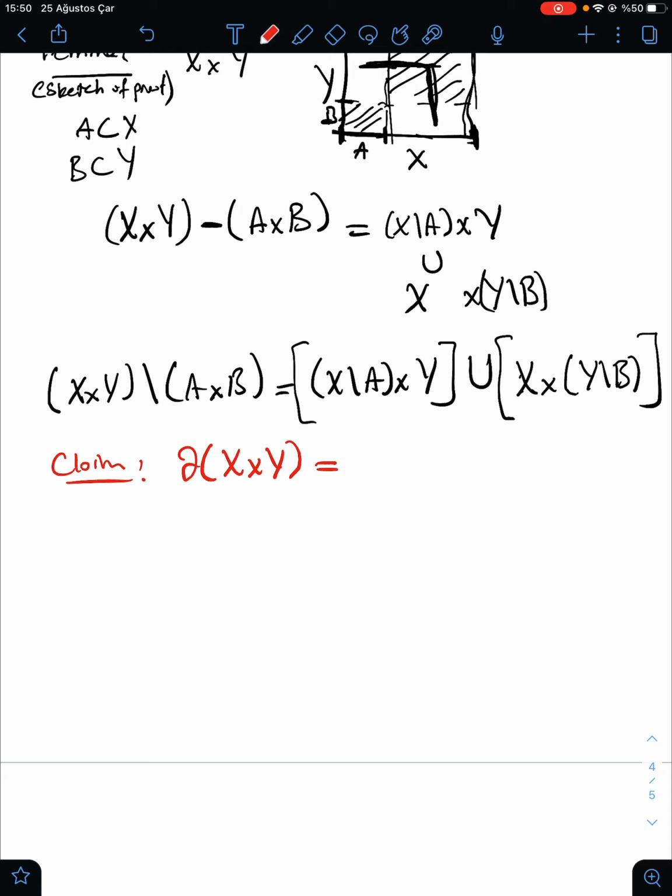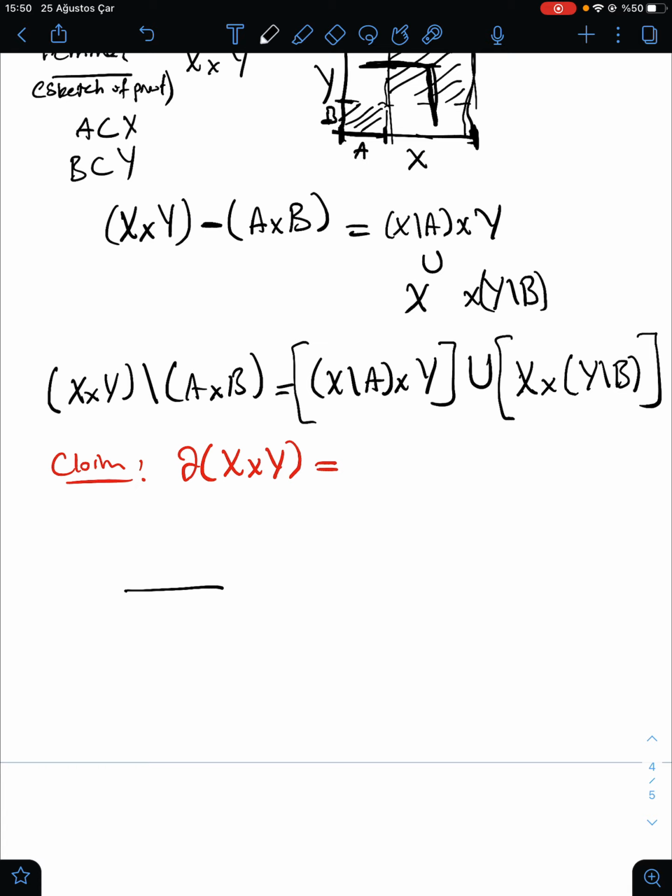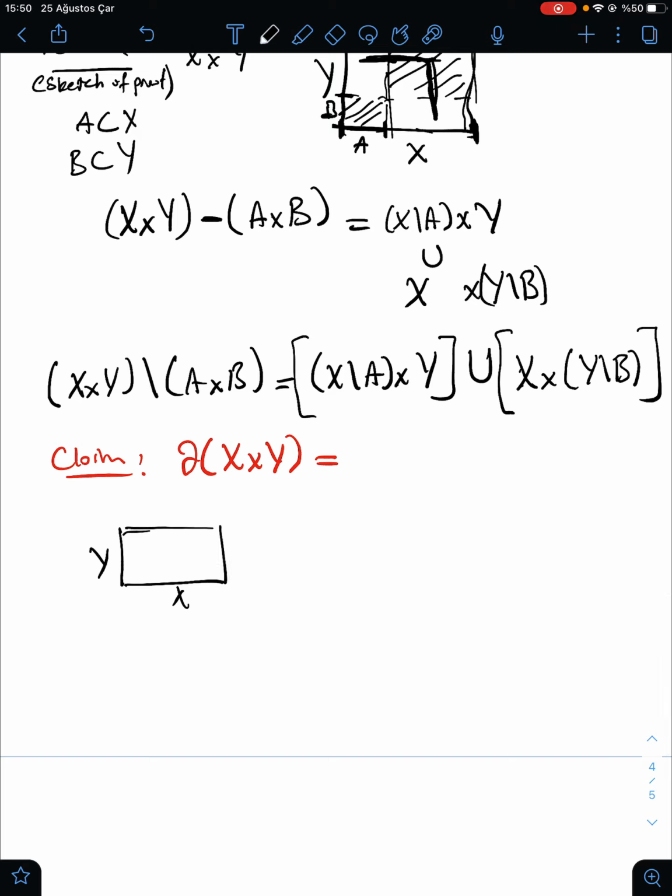To give a slight idea about this, you have X and Y like this, and you need to define this boundary, right? X has a boundary, these two points, and Y has a boundary, these two points. If you unite X's boundary with Y and Y's boundary with X, you get the same boundary, right?